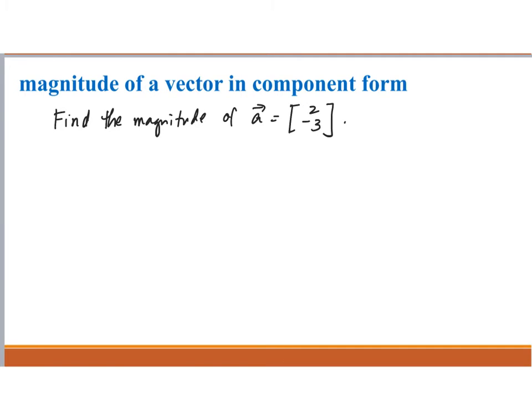Let's say that this is the tail of the vector. To go to the head of the vector, we use a positive horizontal move of 2, and then a negative vertical move of 3. So it means that the head of the vector is right here. So that's your vector A.